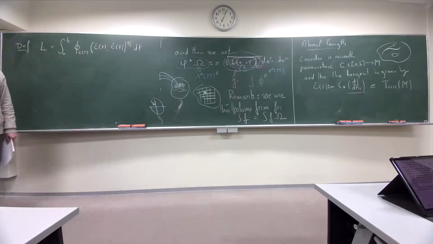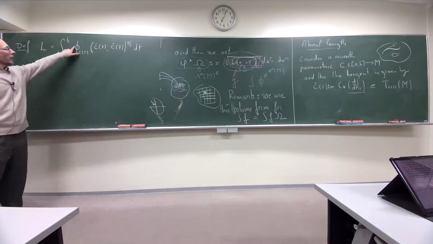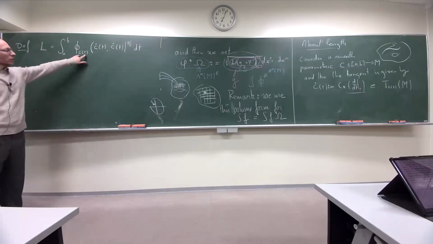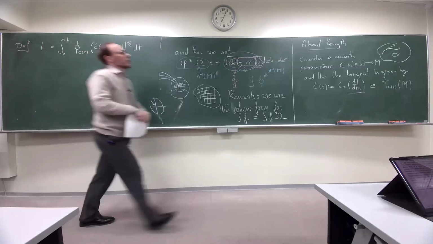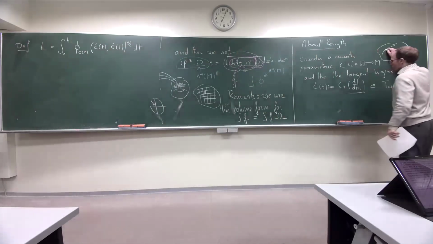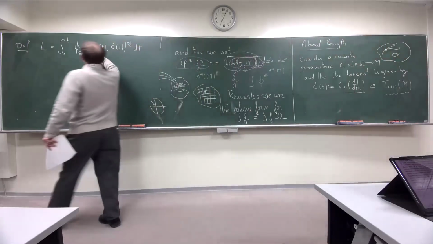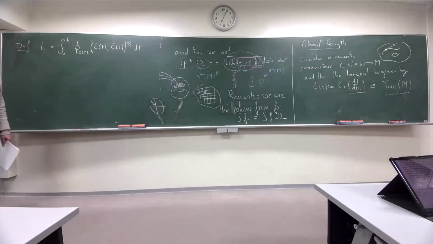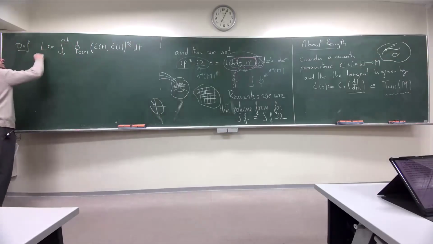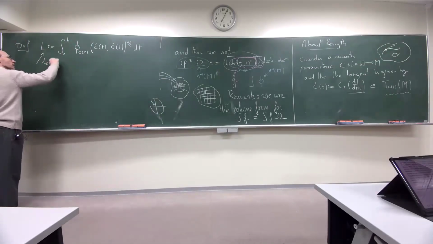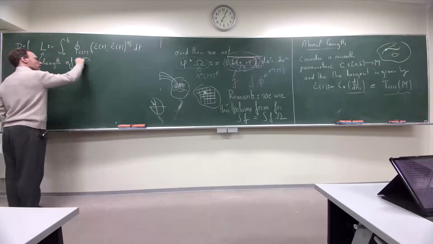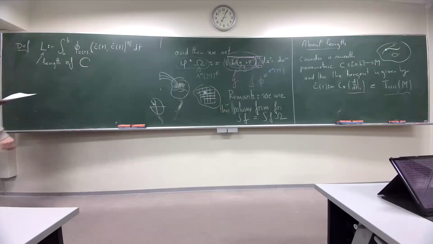Let's check that it's meaningful. Phi is our Riemannian metric, so we evaluate at one point, at this point. And a metric needs two elements, which are two tangent vectors. So we put two tangent vectors, exactly these two. So it's meaningful. So it's a definition, the length of the curve C, which I have shown.